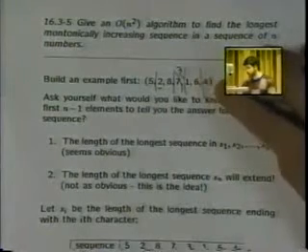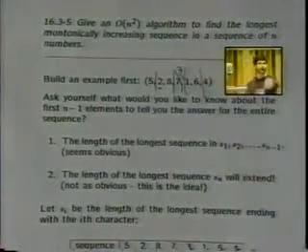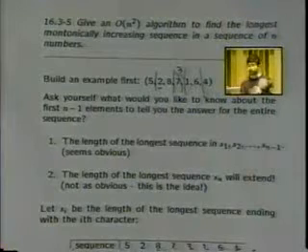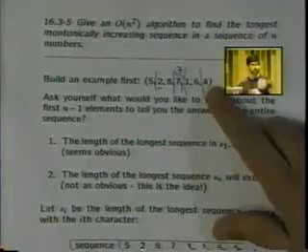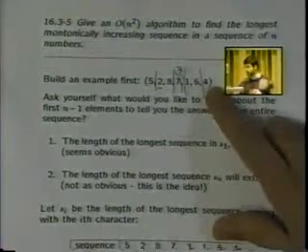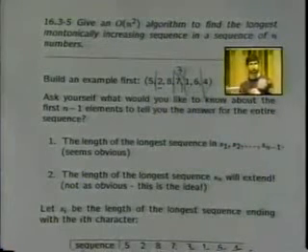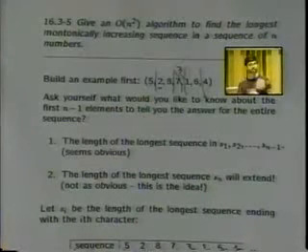But what else would I like to know when I add that extra element back? I want to know what sequences this thing can be stuck on. Okay? Because there's a chance that by adding this last element, it's going to be able to extend something else.